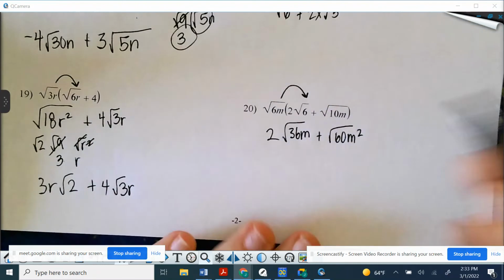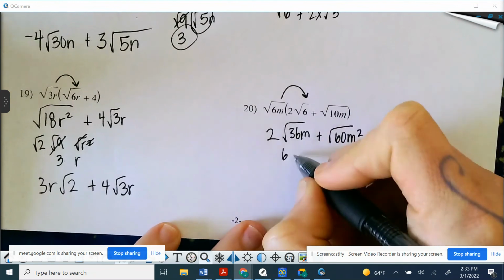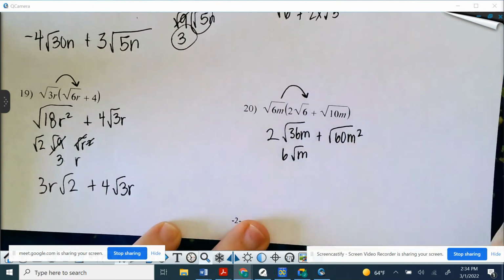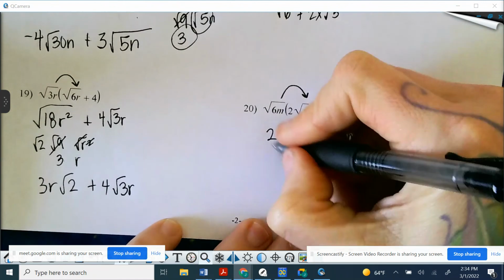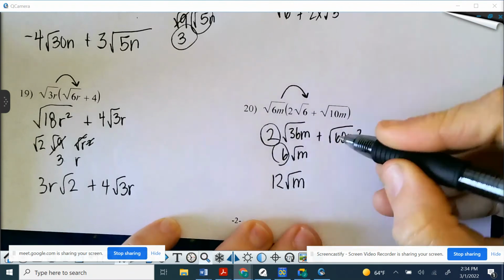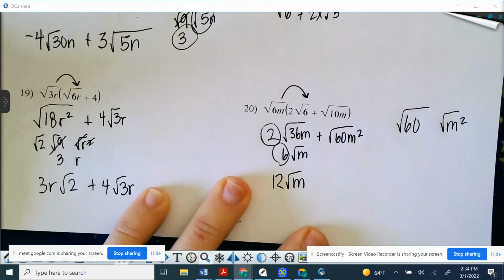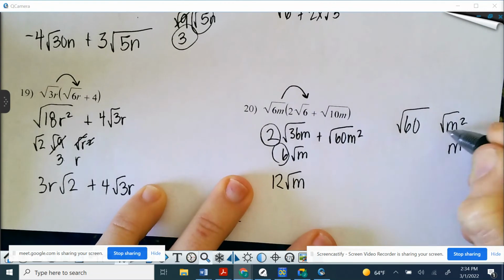But the square root of 36 is going to be 6. So we have a whole 6, and then we have the square root of m, still waiting because m is not squared at this point, so it has to stay under the root bar. So that 2 times 6 is going to give me 12 square roots of m. Looking at 60, and then m squared if you want to think of them separate. M squared, taking the root, is going to give me an m, so we're done with that one.